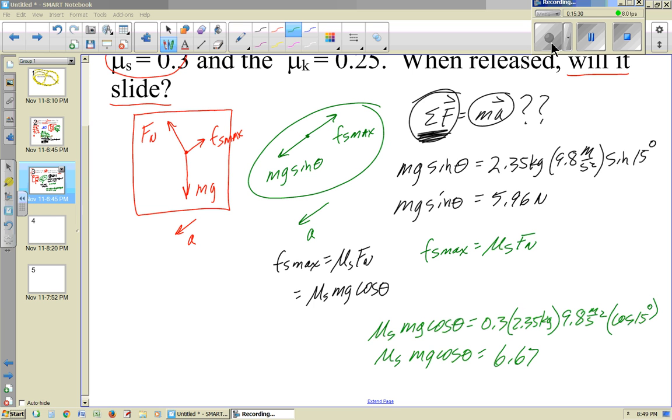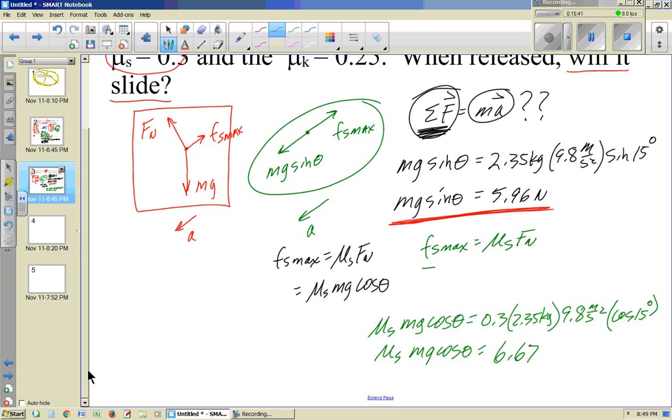Okay, so these are our two answers. Underline in red. So the down the hill force, which is always there, is 5.96 newtons, and the frictional force trying to prevent that from happening can be, I forgot my units, can be as large as 6.67 newtons.